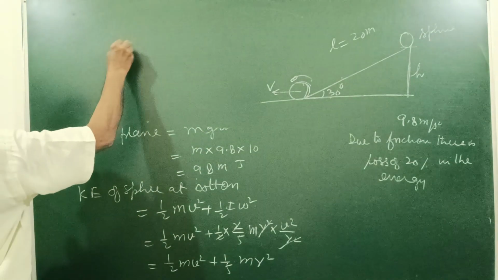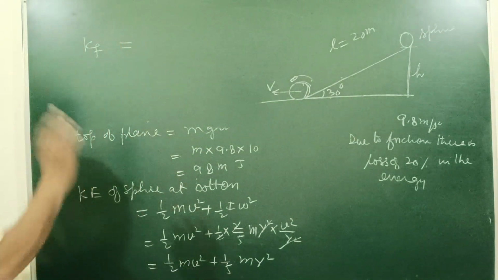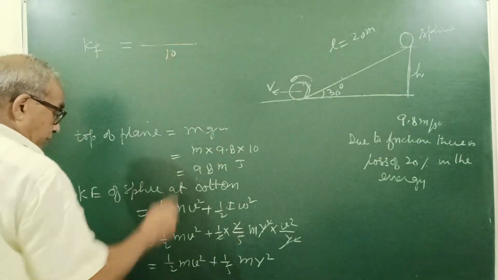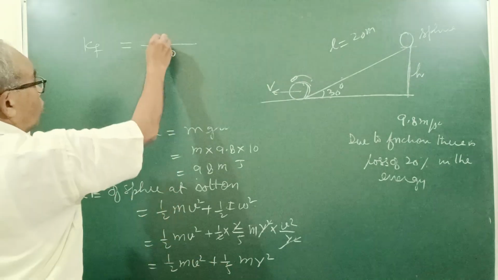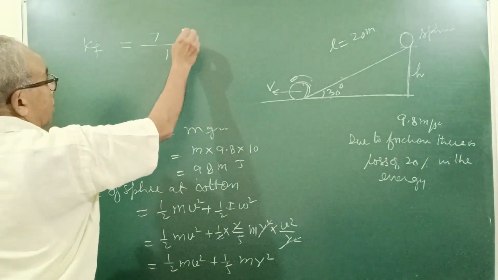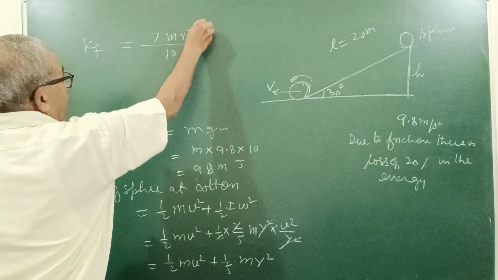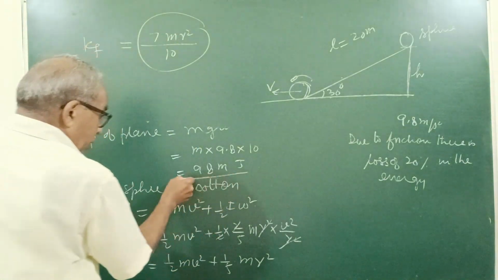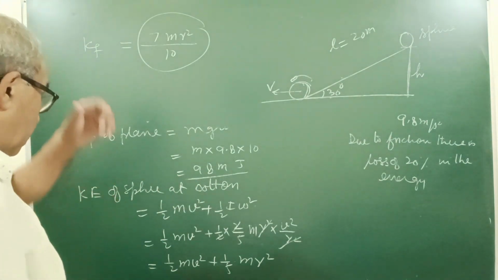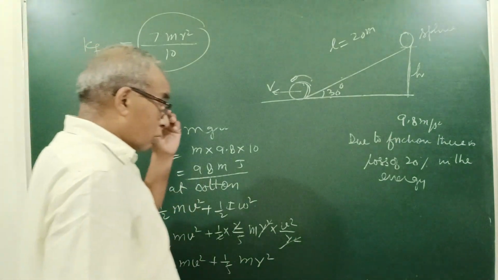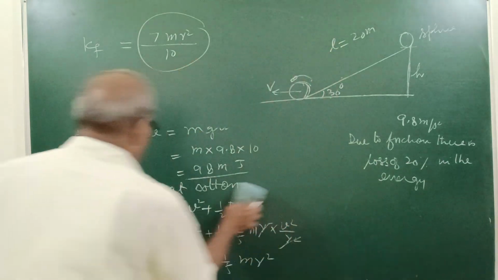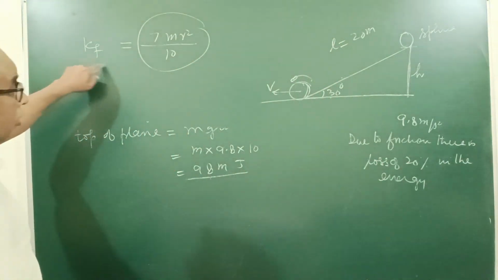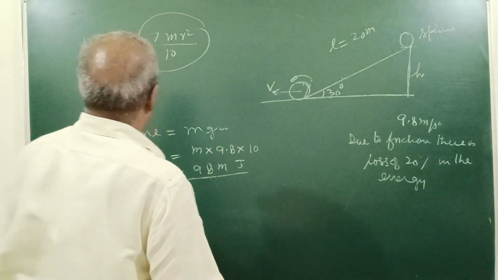The total energy is the final kinetic energy at the bottom. 10 is the LCM, 5 plus 2, 7/10 mv square. And this energy is 20% of this. No, sorry, 80%, because 20% is the loss. So this energy here is 80% of this.